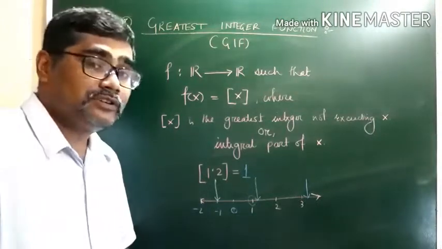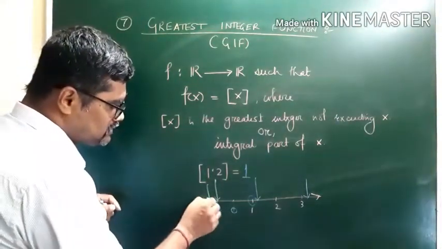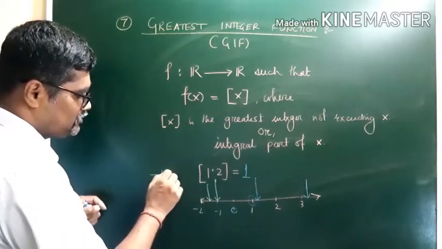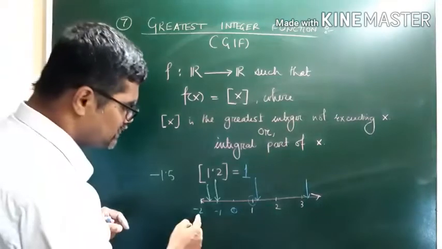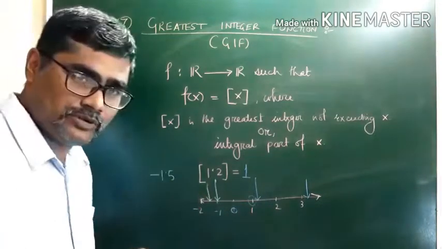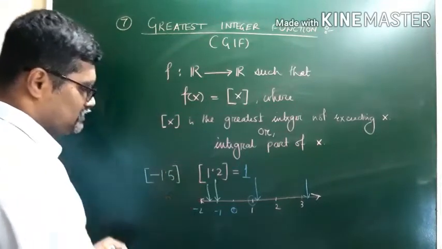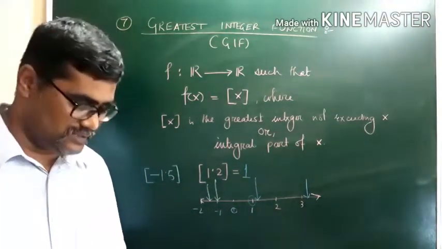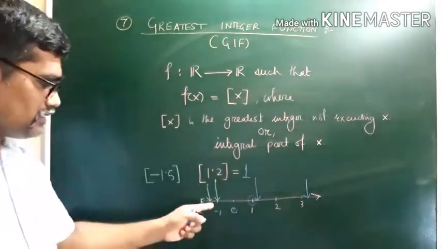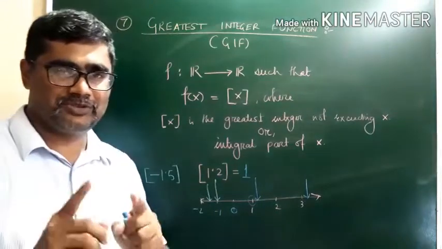And before I go for the graph, let me talk about one more point. Suppose you are talking about minus 1.5. So minus 1.5 will be lying between minus 2 and minus 1, exactly in between. Now if somebody asks you about the greatest integer value of this, if you do not look at the number line, you may be tempted to say minus 1, which is wrong.